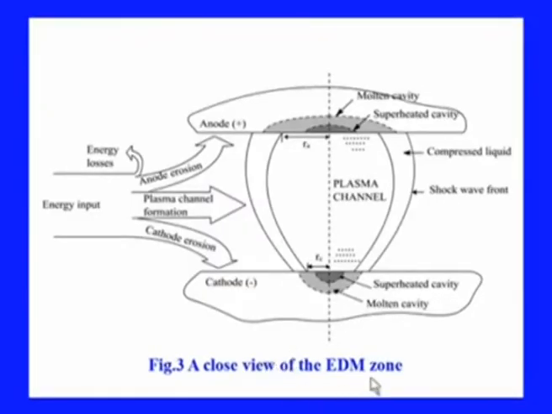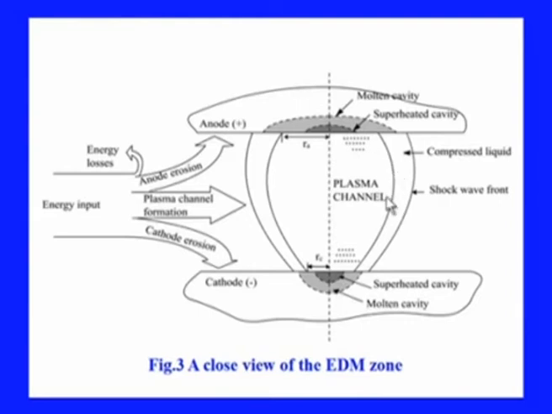This is a close view of the EDM zone, where we can see the energy output, which causes anode erosion as well as cathode erosion, and plasma is created in this zone as can be seen on the screen. The liquid gets compressed in this zone, and because of the evaporation or bubble formation, a shock wave gets created and propagates, which is actually responsible for causing the erosion on the workpiece surface.